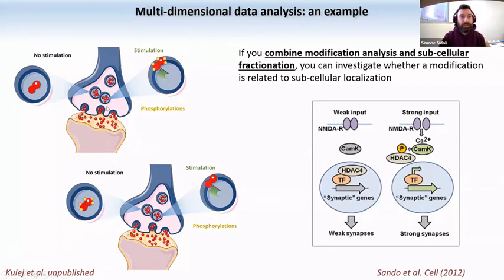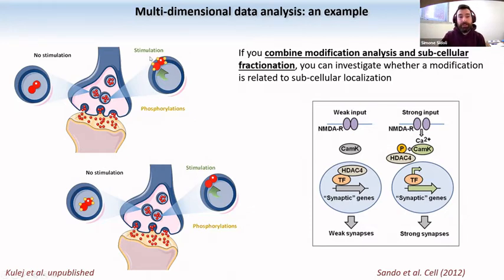If you purify the soluble fraction and the membrane-associated fraction, then you have a fraction with proteins that are inside the lumen, inside the cytosol of this vesicle, and you have proteins that are bound to the membrane. And for example, you can tell if a protein gets phosphorylated, if it gets translocated to the membrane or to the cytosol, for example, after a stimulation.